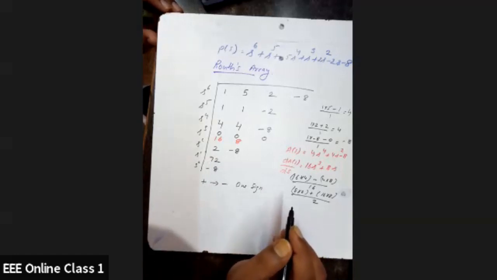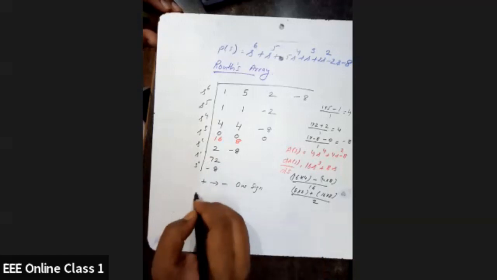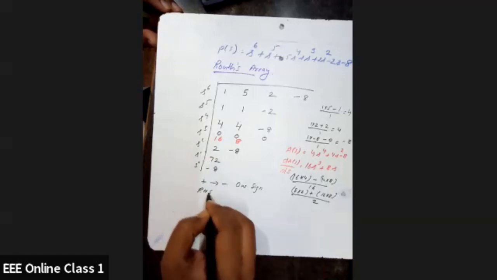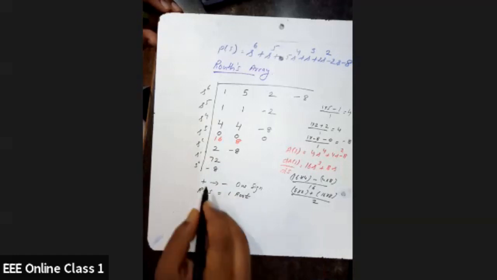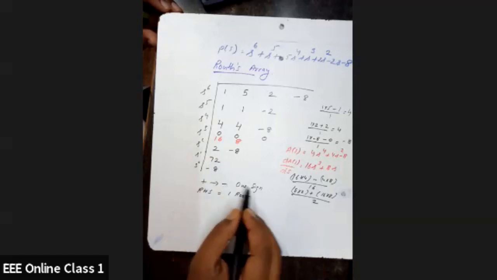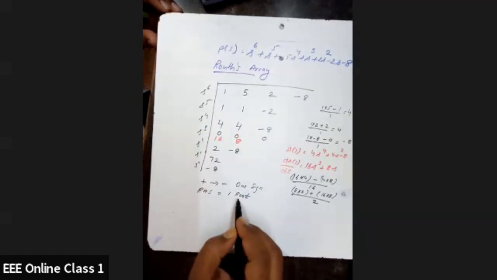So only one root is in RHS. Since one sign change took place in the first column of the Routh array, one root we can find in RHS.